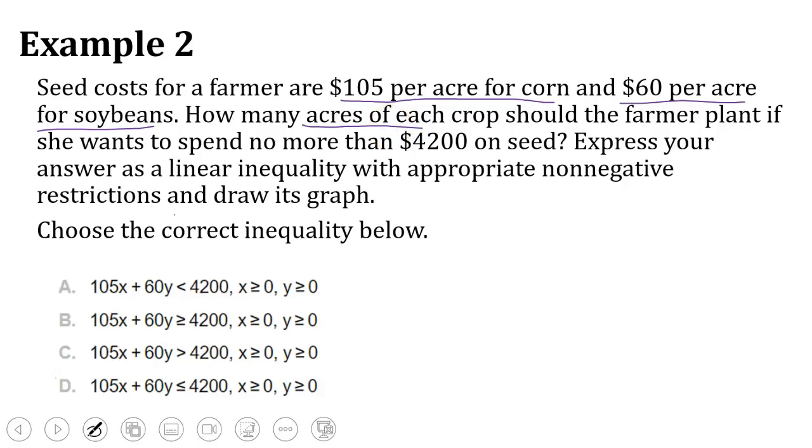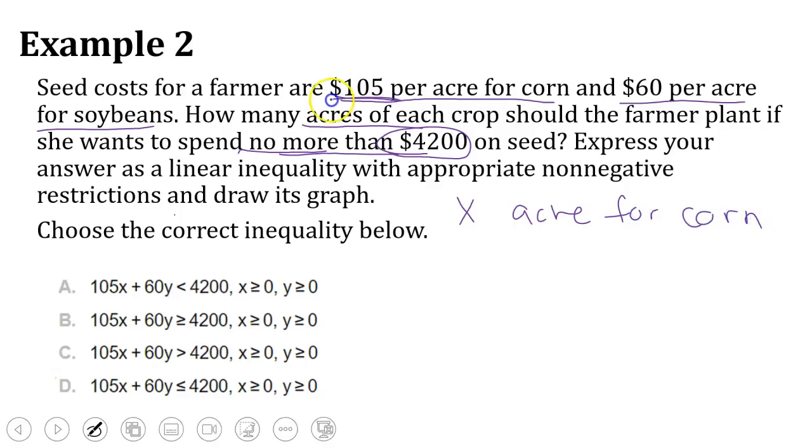How many acres for each crop should the farmer plant if she wants to spend no more than $4,200? All right, so let's say that we want X to be listed for the acre for corn.